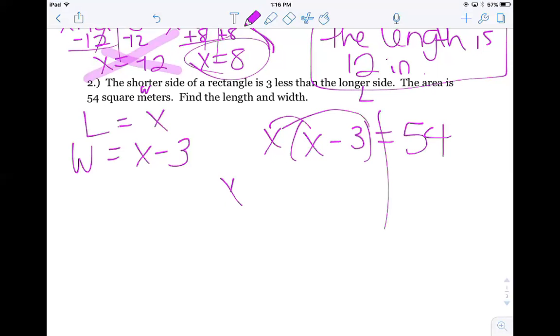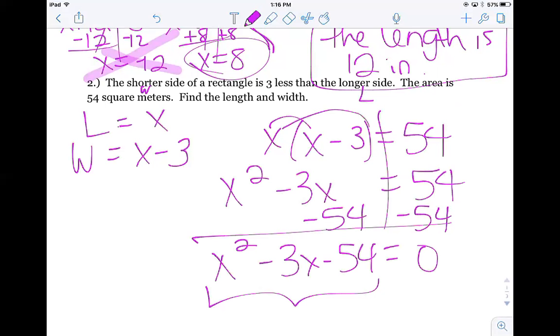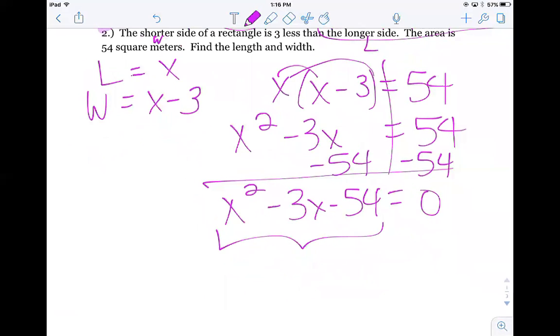We'll distribute inside the parentheses. And then we have to bring that 54 over so that this whole part over here equals 0. And now we can take this part and do our rectangle and our diamond.